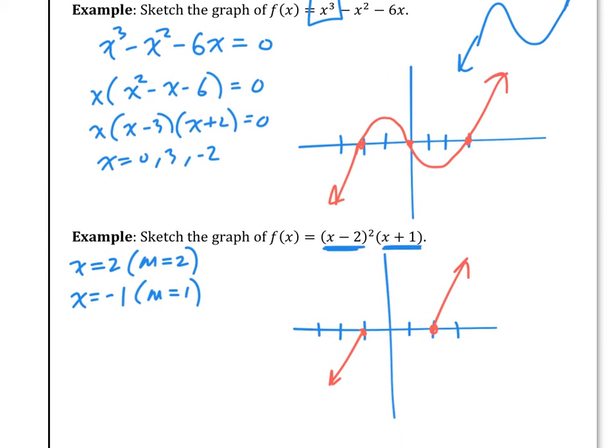So what does that actually mean? This is odd, so it's going to cross. This is even, so it's going to bounce off. Cross means that it's going to cross at negative 1, so it's going to cross over. Bounce off means it's not going to cross the x-axis, so it's going to bounce off like this. So then actually this is the correct way to graph it.